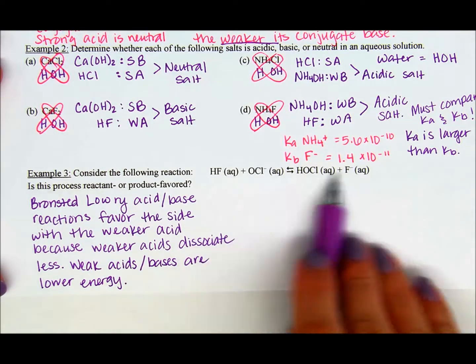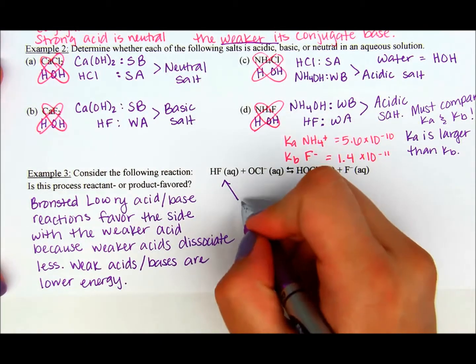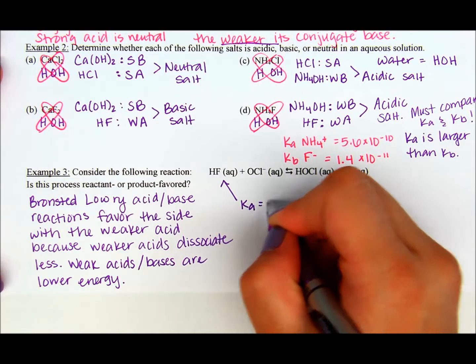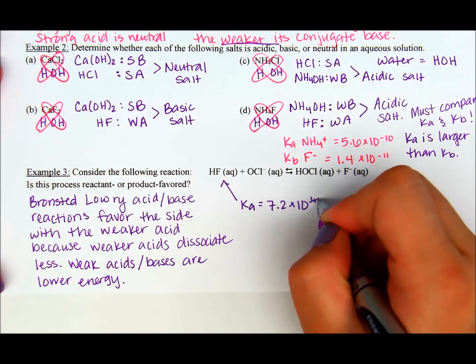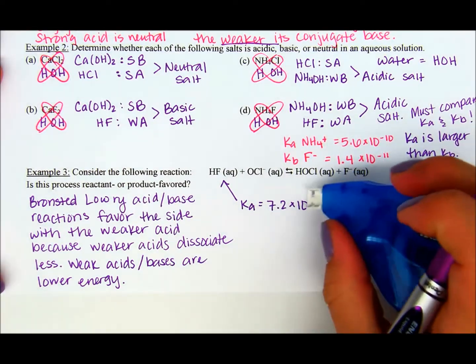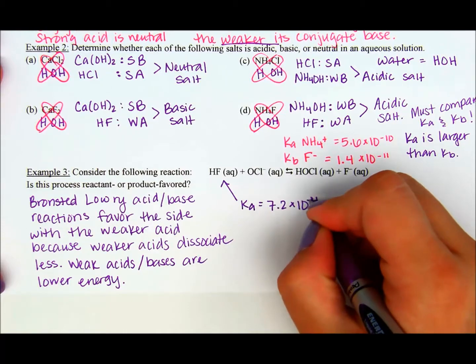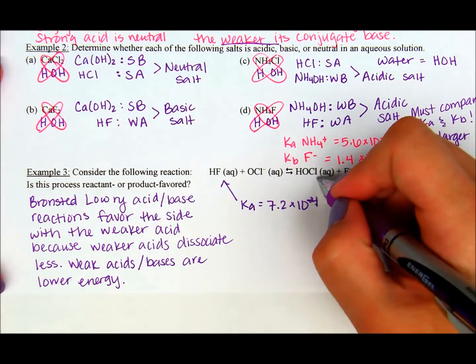Okay, so let's take a look at our Kas of our acids here. So the Ka of HF, we can just read that from above. And our Ka here equals 7.2 times 10 to the negative 4, I think it was. And the Ka of, let's see, which one is our acid on this side?